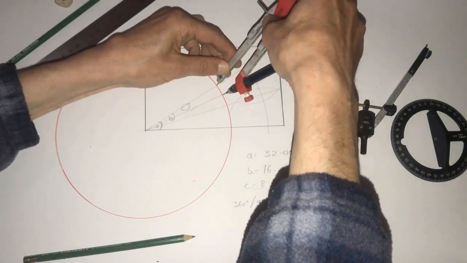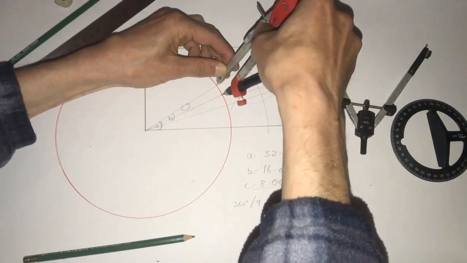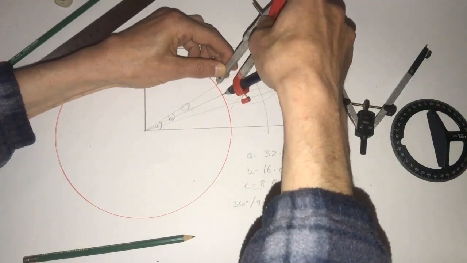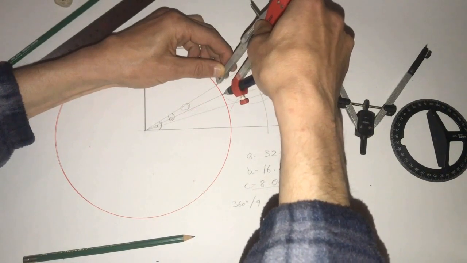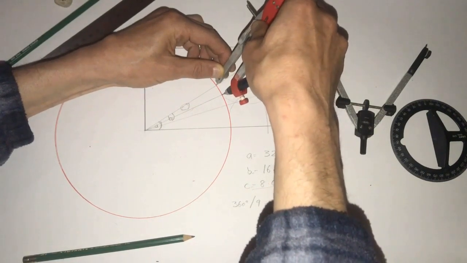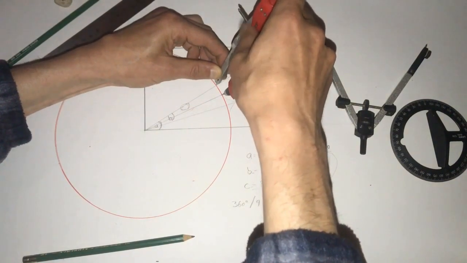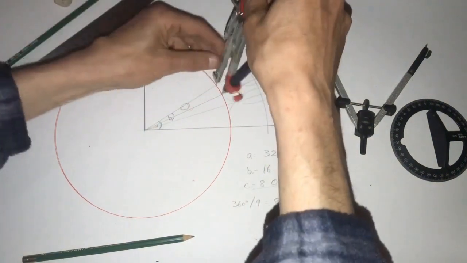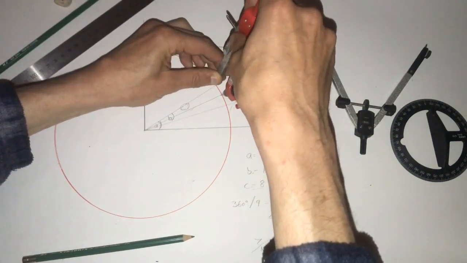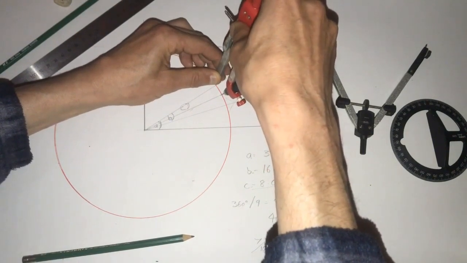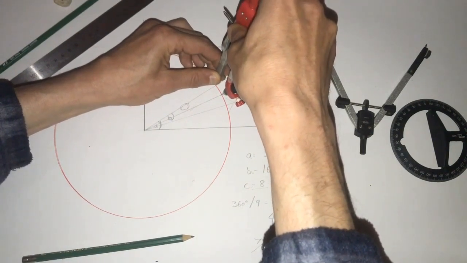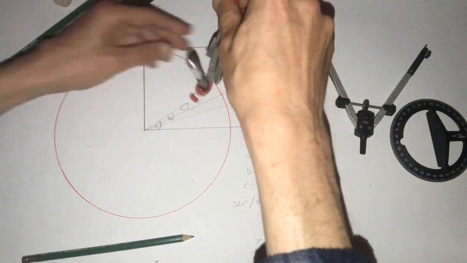Give me a moment. I'm going to try to get this as close as possible. That should be it. Oh, no, it's still a bit big. That should be it.